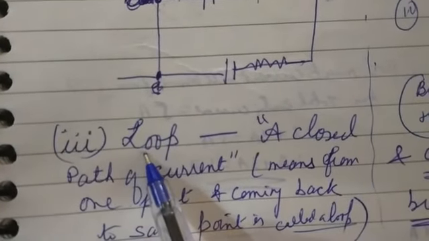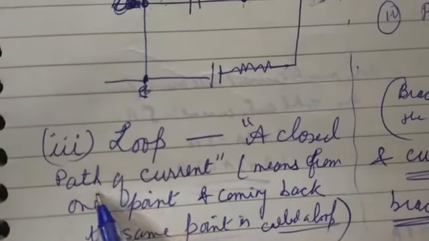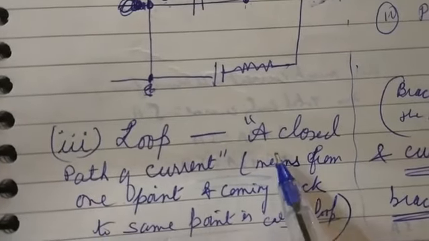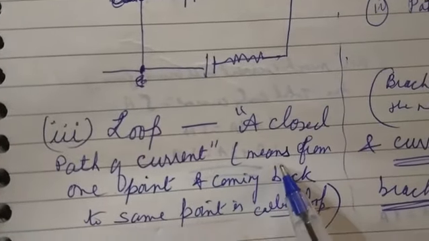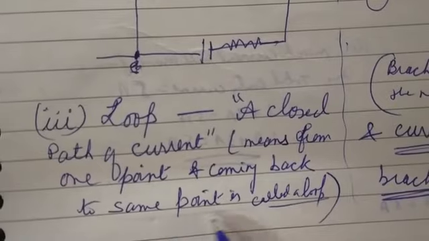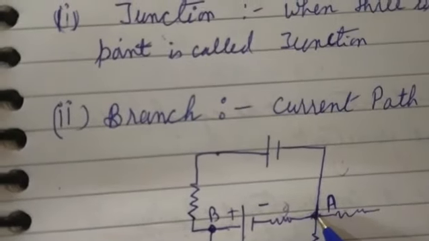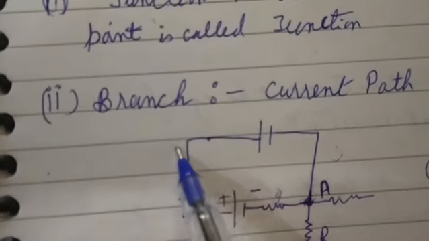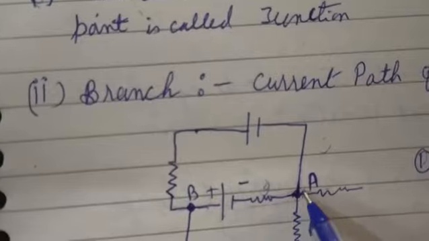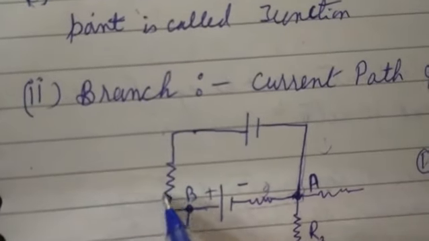Now next, what is the meaning of a loop? A closed path of current means that starting from one point and coming back to the same point is called a loop. Suppose the starting point is A, and from here we come back to A. This is one closed loop.